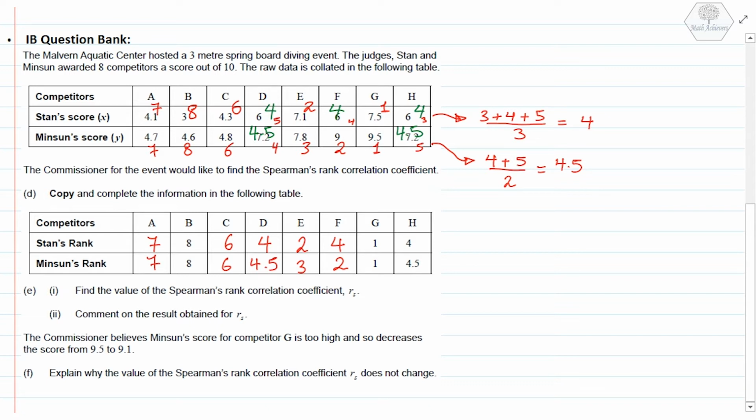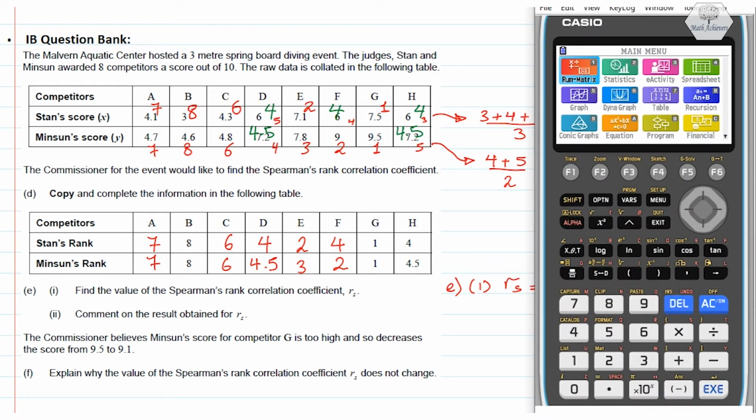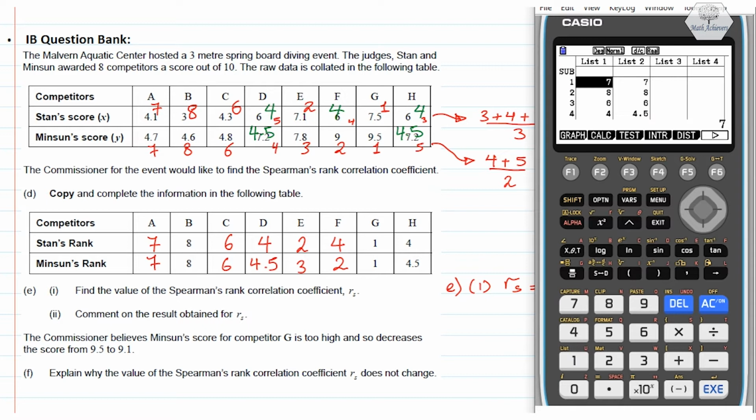Let's see part E, section I. Find the value of the Spearman's rank correlation coefficient RS. In order to find the value of RS, I need to use my graphical display calculator. I go to statistics. I fill in the lists with the ranks.